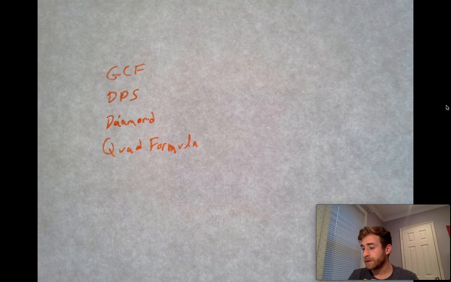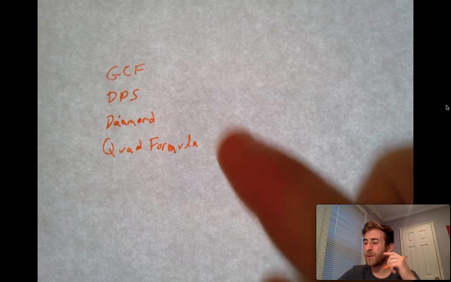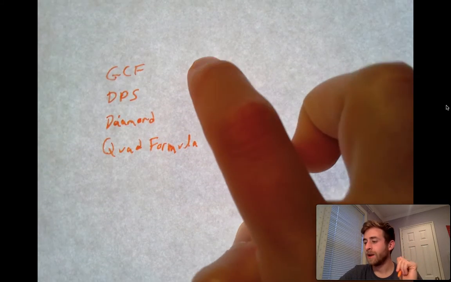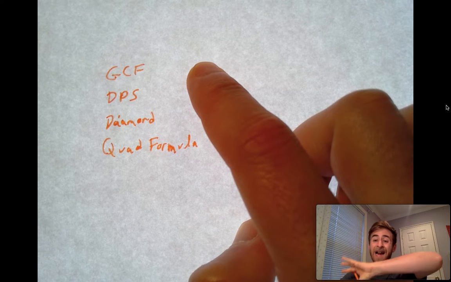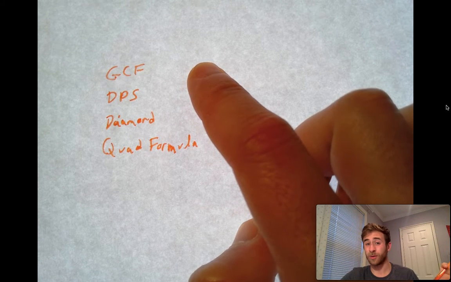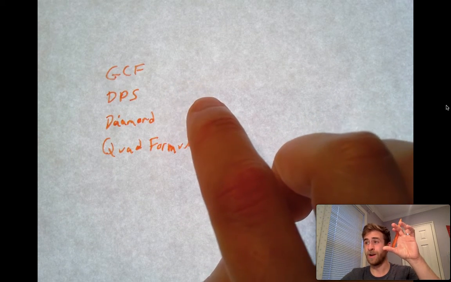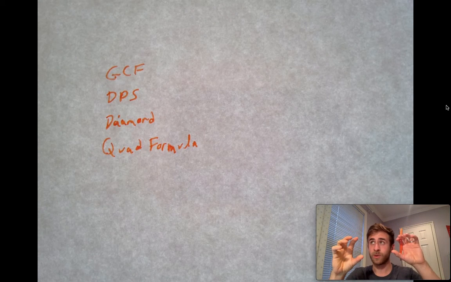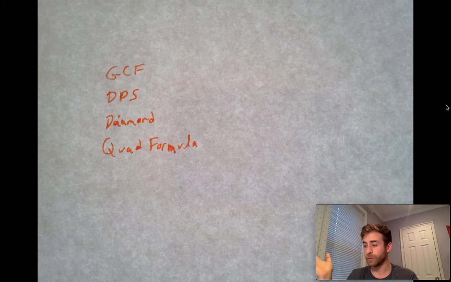So I just wrote down the 4 different types of factoring, and by the way, this is the order you should try them in. If you're trying to factor something, look to see if there's a number or a variable you can divide out of everybody and drag in front of the parentheses. Next, if you have a difference of perfect squares, a perfect square being subtracted by another perfect square, then you use the plus and minus of their roots.